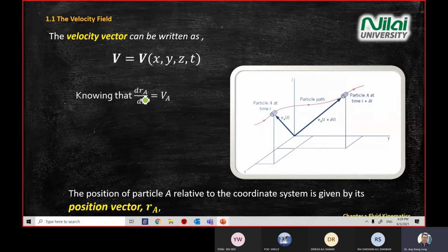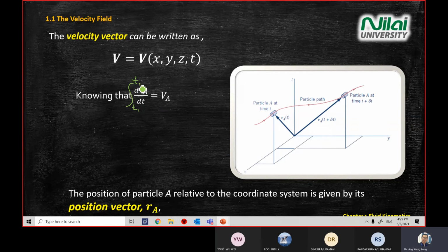Once you write dr/dt, you can integrate from one point to another. If you integrate this, you are integrating over time, from t1 to t2. Just bring back your advanced mathematics or calculus skills.